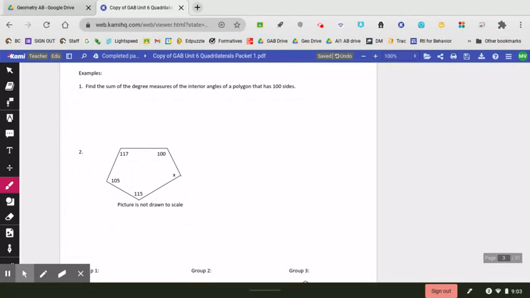When we're finding the sum of the degree measures of the interior angles of a polygon with 100 sides, we're going to use our formula, (n minus 2) times 180. We can substitute 100 for n, so it's (100 minus 2) times 180. I do that on my calculator, and I get 17,640.